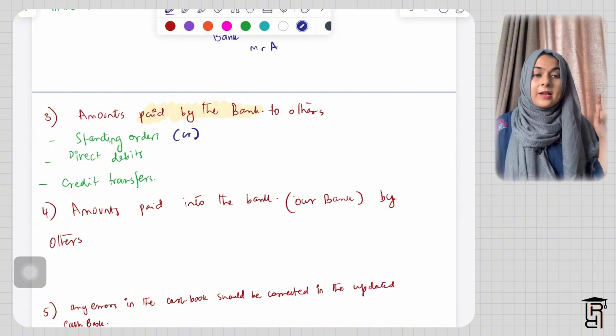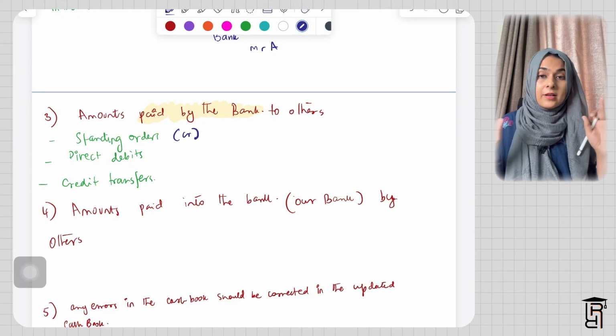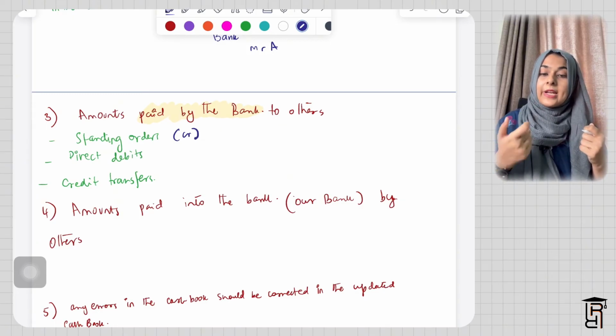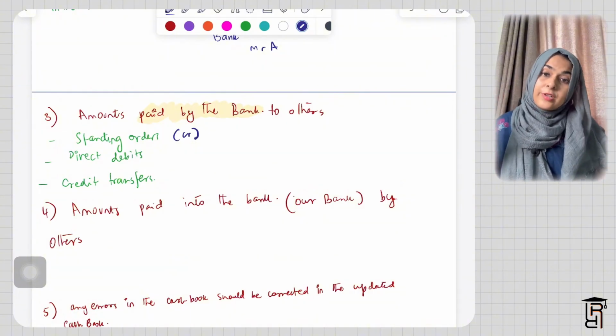So one is, let's say, Habib Bank, and the other is, let's say, HBL. They are two different banks. Let's say I give my supplier a check of Habib Bank, and my supplier has his own bank account in HBL.